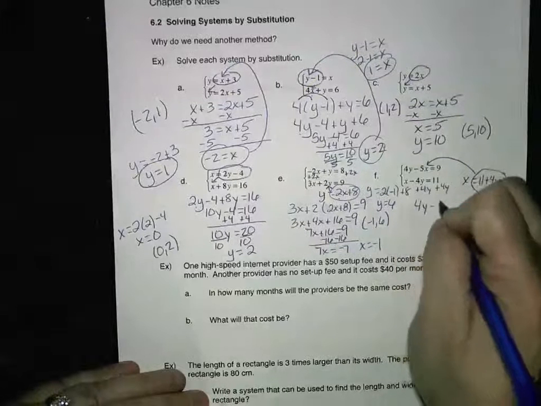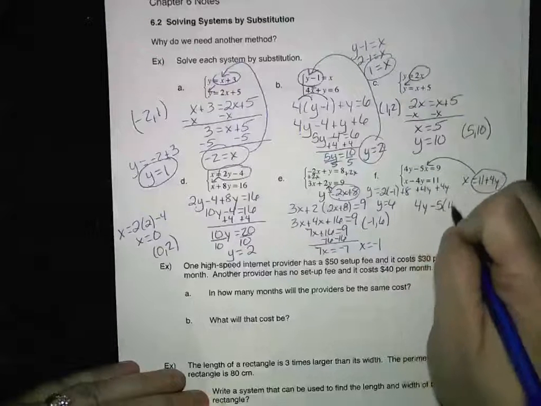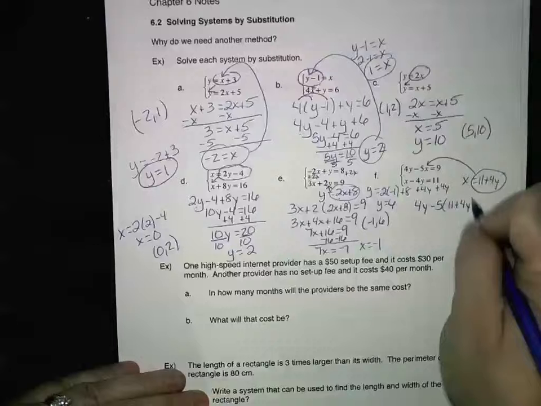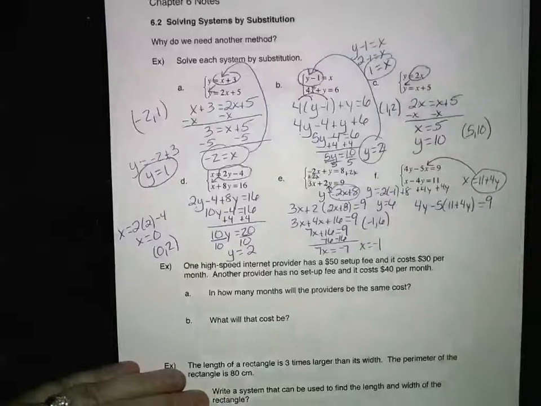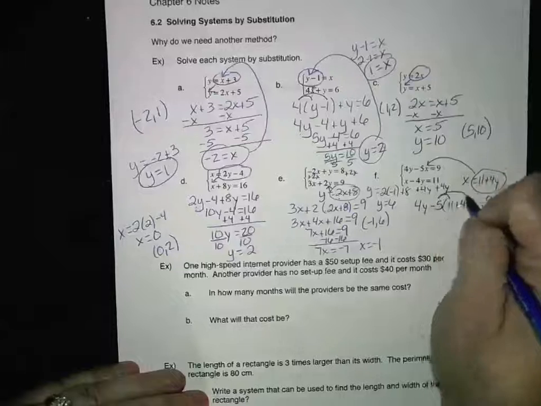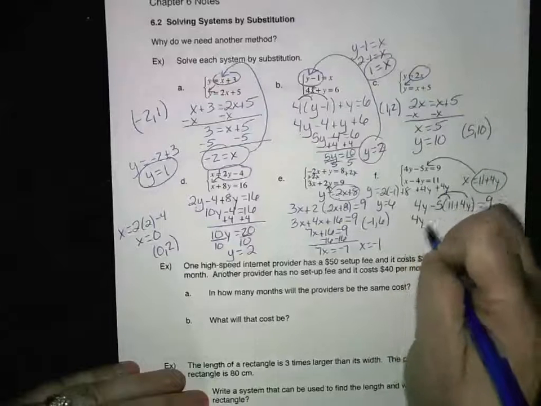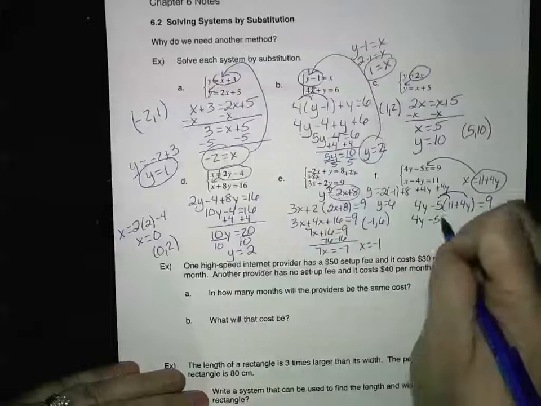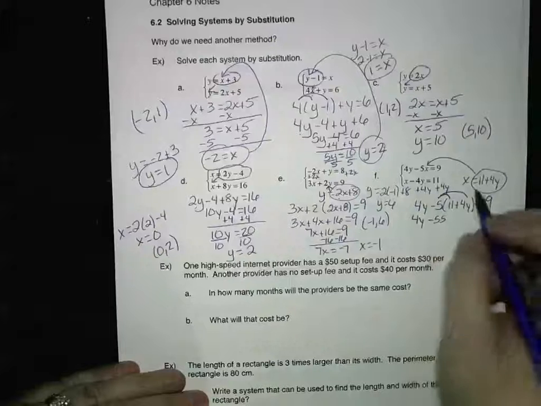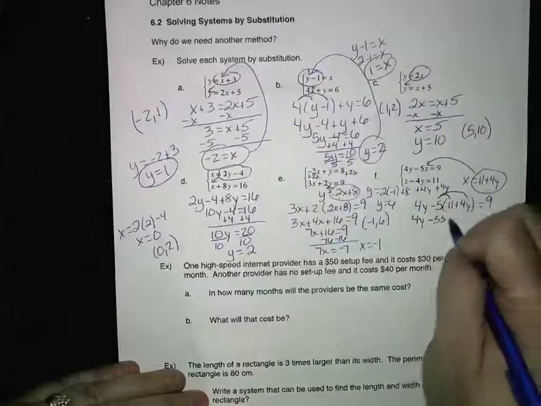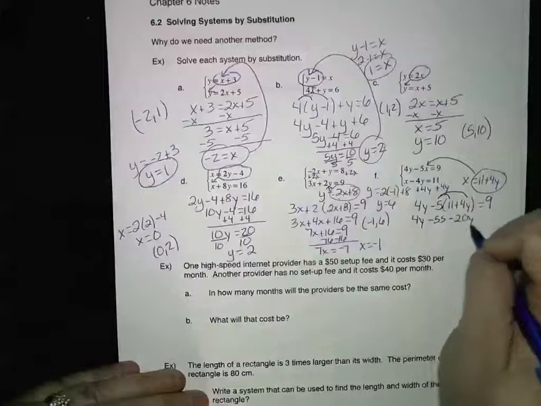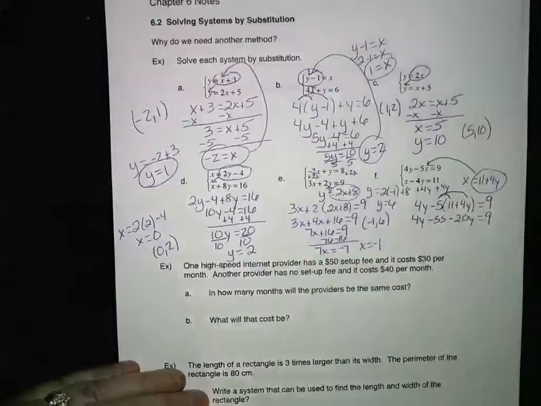So 4y minus 5 times 11 plus 4y equals 9. And as you distribute, becomes 4y minus 55 minus 20y equals 9.